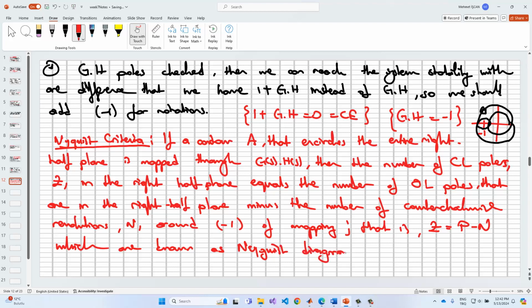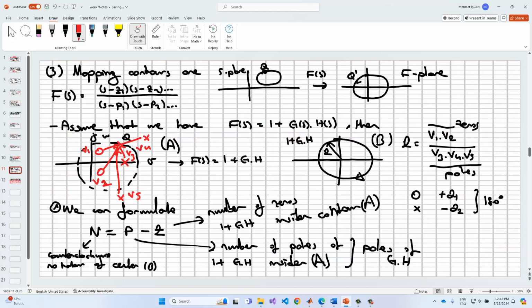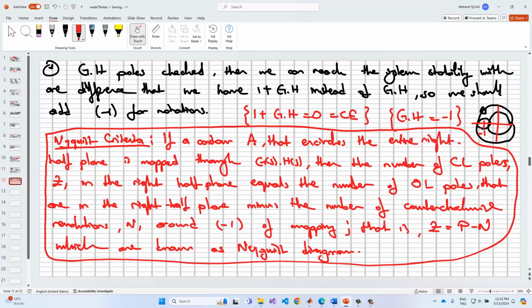This is the general definition in the control literature of the Nyquist criteria. But the idea is the same as the previous explanation. This is the condition of these terms, and so we can check the rotations around -1 because it's frequency.